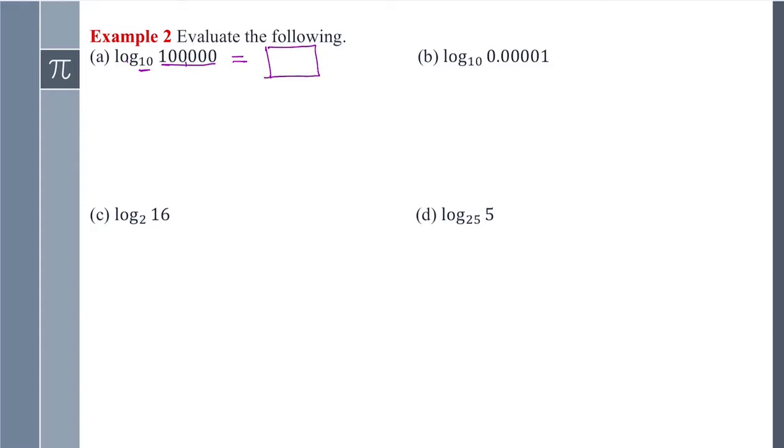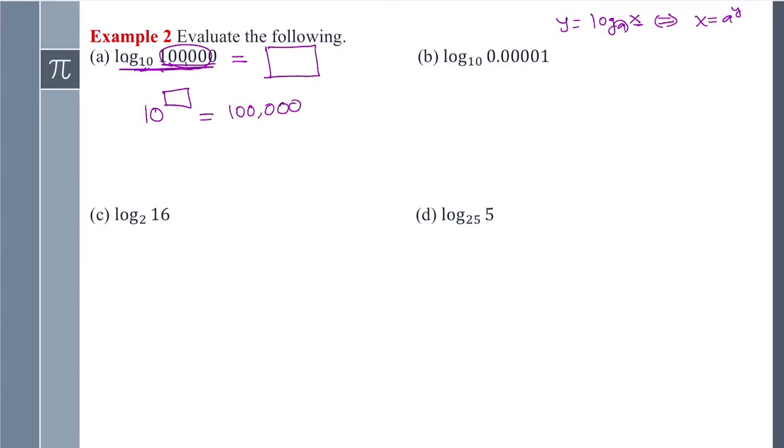So the meaning is, if we write that again, log base a of x, y equals that, it just means x equals a to the y, or what power of a equals x. So here, what power of 10 gives us this number, 100,000? That is the value of this log.